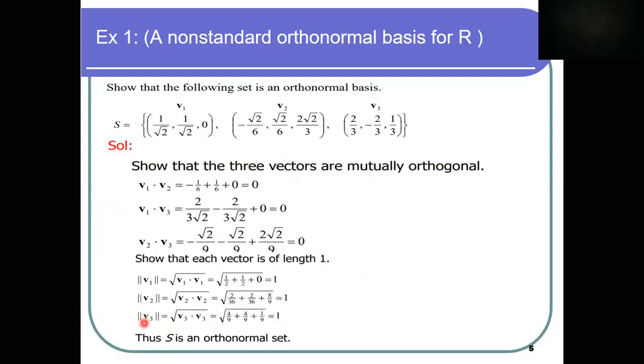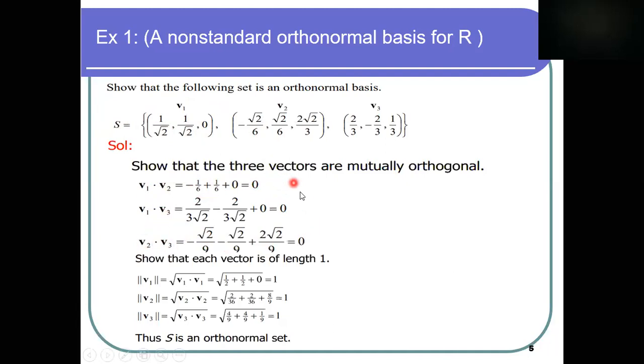So let us take one non-standard orthonormal basis for R3. We take three vectors in R3 forming the set S: V1, V2, V3. First of all, we check mutual orthogonality: V1 and V2, V1 and V3, and V2 and V3.